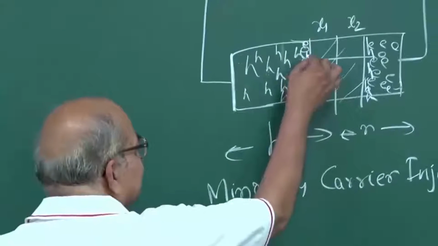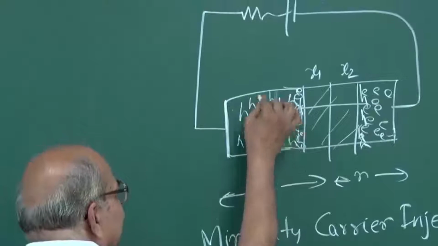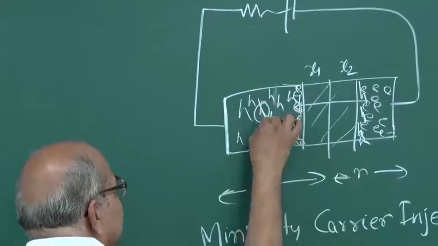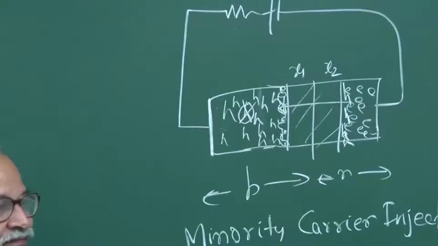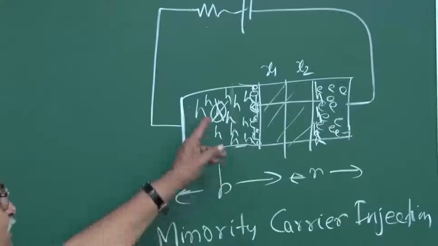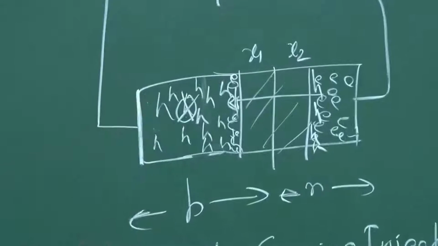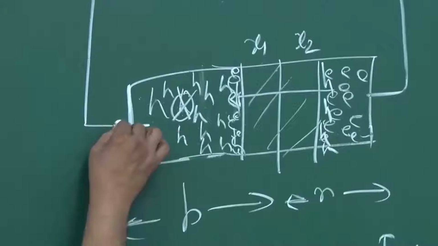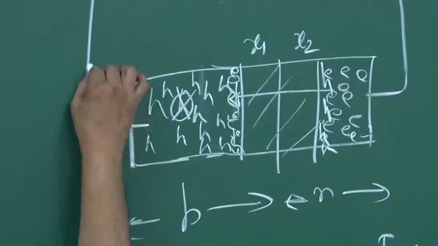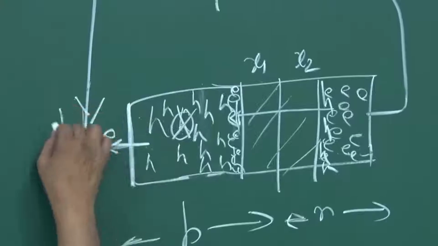And so if this electron combines with a hole, and if this hole goes out, negative charge appears, so one electron has to be withdrawn. So one electron is withdrawn at this contact, and then the electron goes this way, the current goes this way.